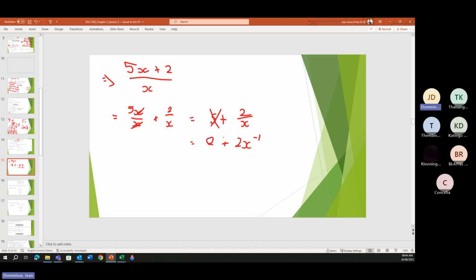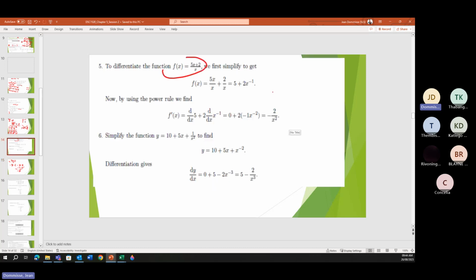Now that one I can at least work with. So it becomes minus 2x to the power of minus 1 minus 1. That is our final answer, but let's make it a fraction again. And you will see it is exactly the same as what they got there.